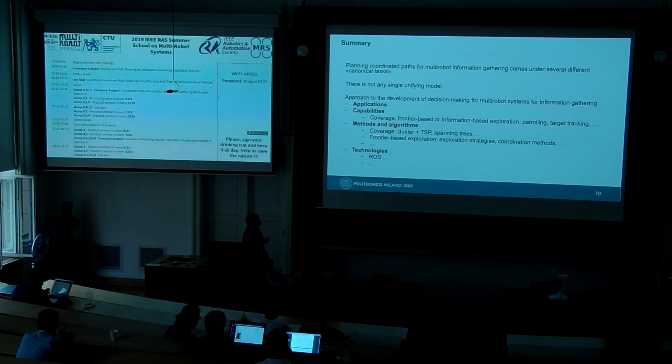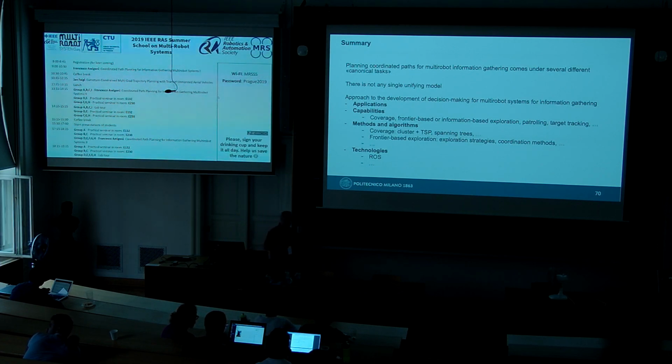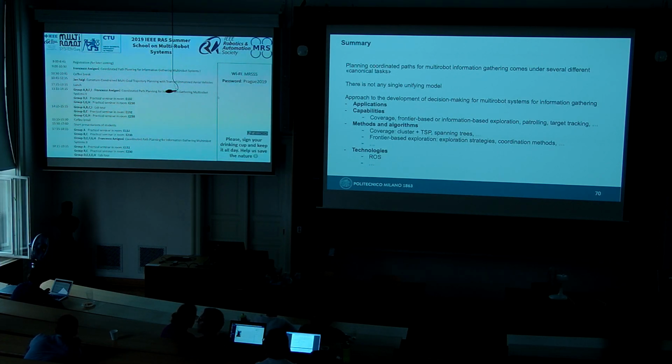If you have a problem of coverage, is it a good idea to use clustering of the points plus the SP, to use a spanning tree, or to use something else? And then, finally, you go back to technologies like ROS, but this is the bad part. You will hardly find some of the techniques that we have discussed ready for use.